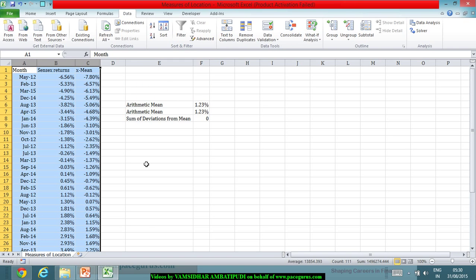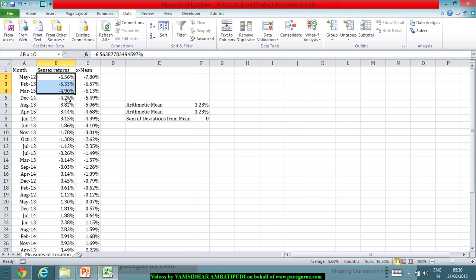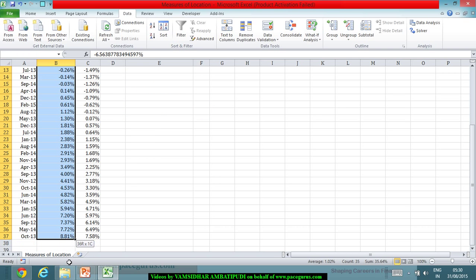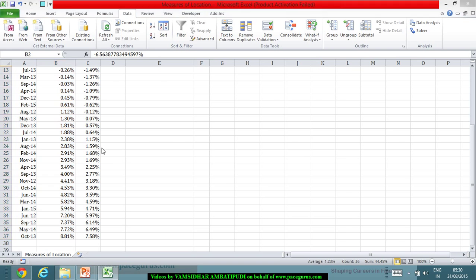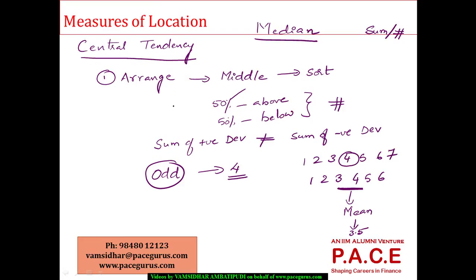And now I can very well pick up the middle value, right? If there are 36 observations, an even number of observations, I can't have one single middle.